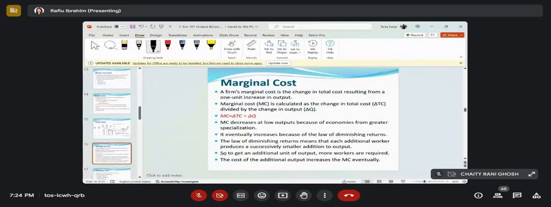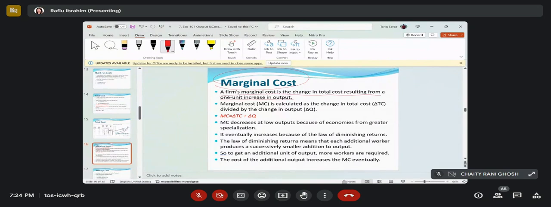Okay, moving on to marginal cost. We have seen the marginal product concept, and marginal in any general case means an extra. So marginal cost means the change in total cost resulting from a 1 unit increase in output.